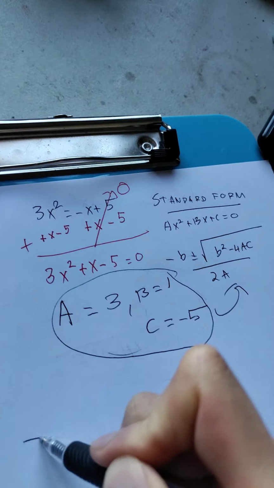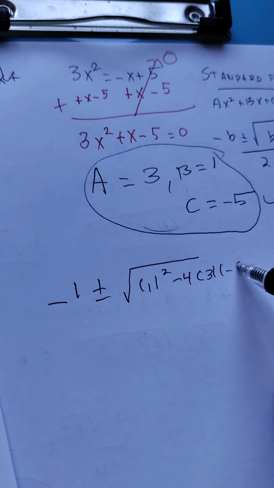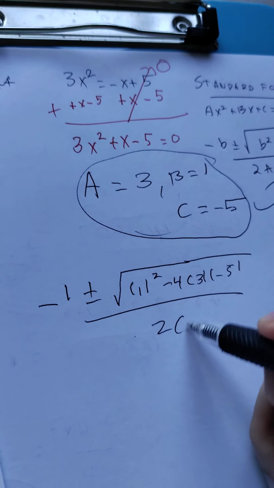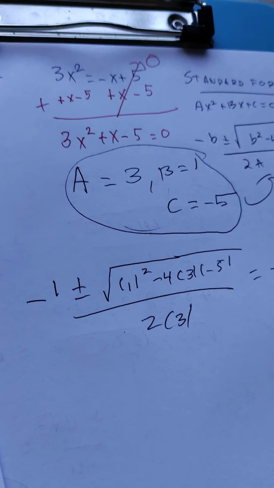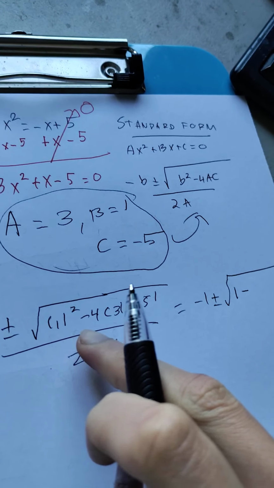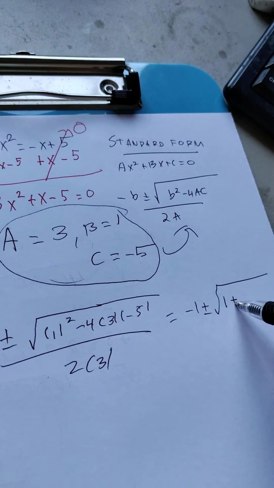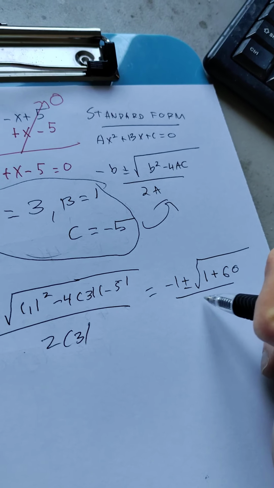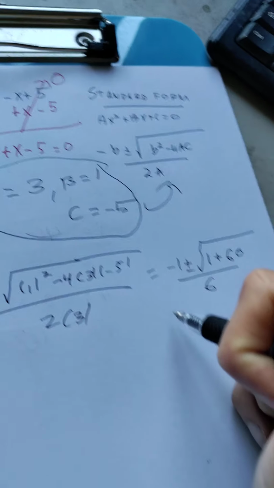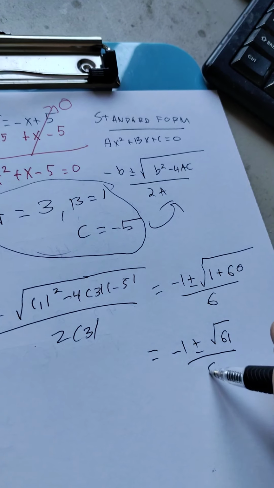So it's going to be negative 1 plus or minus the square root of 1 squared minus 4 times a times c, 3 times negative 5, over 2 times 3, which equals negative 1 plus or minus the square root of 1 minus, doing the math, this is going to be 60. Negative 4 times 3 times negative 5 is 60. Over 2 times 3, 6. And then we simplify further, this is going to equal negative 1 plus or minus the square root of 61, over 6.